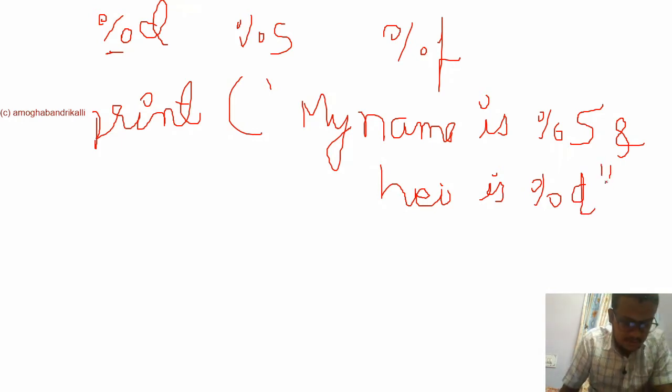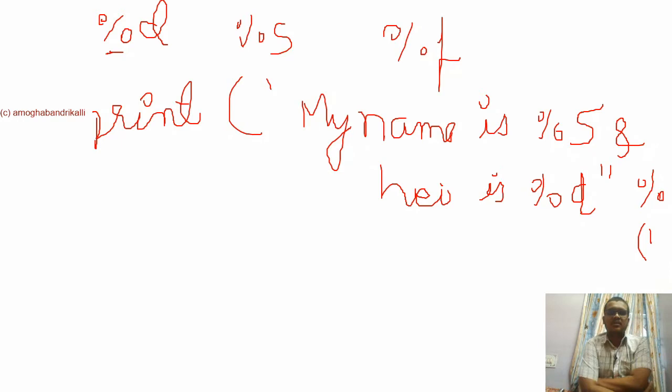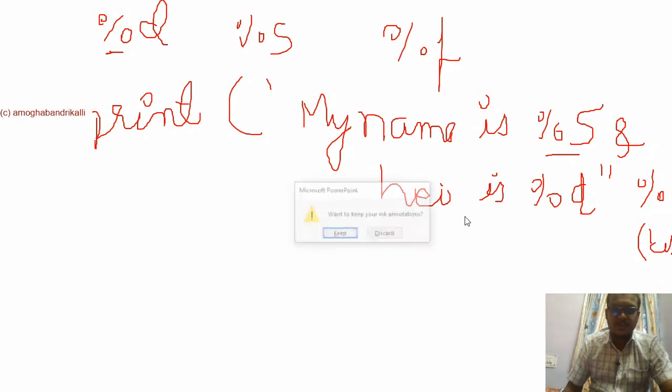So you need to have a comma. Next you can write the name as XYZ, comma, and weight, like this. Wherever a string is given, this string will be displayed. Wherever a number is there, whatever number you give is going to be displayed. Okay, we can just see here.